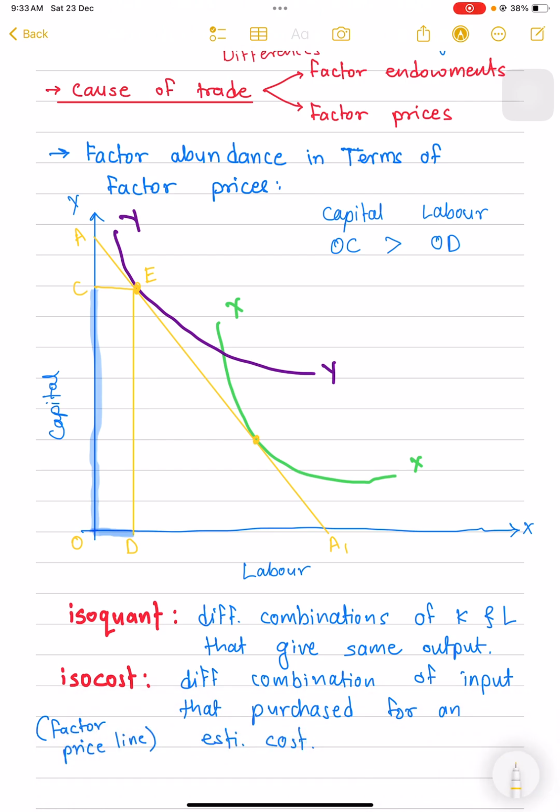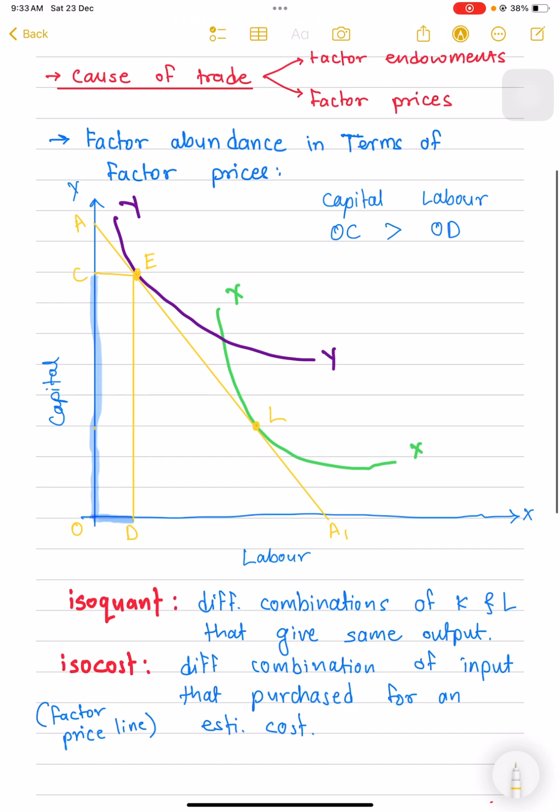It is requiring, at point L, OM amount of capital and ON amount of labor.